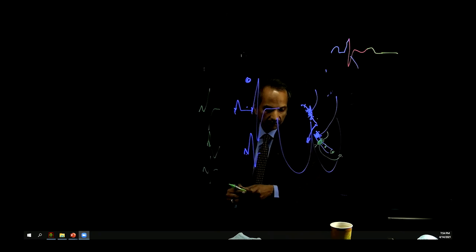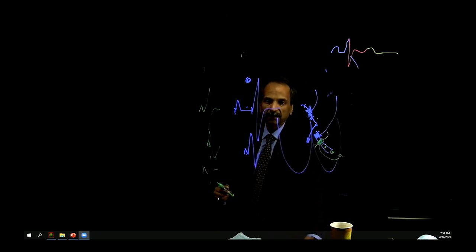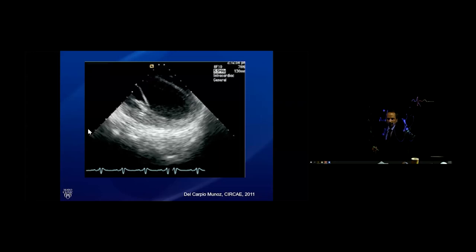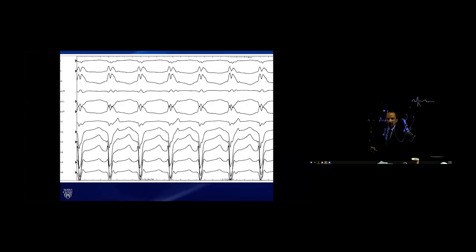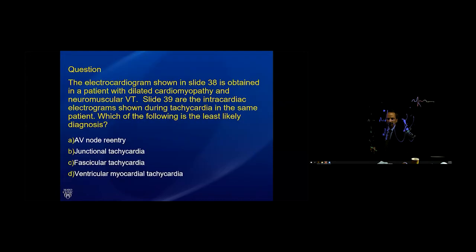Now, there are many other situations where this is of value as well. For example, if we look at this, this is a case where this exact concept helped me out.